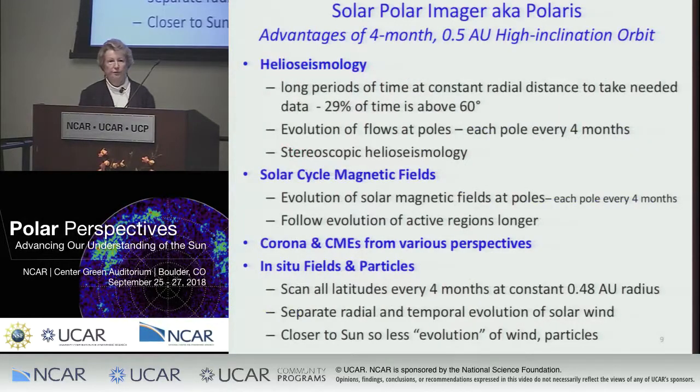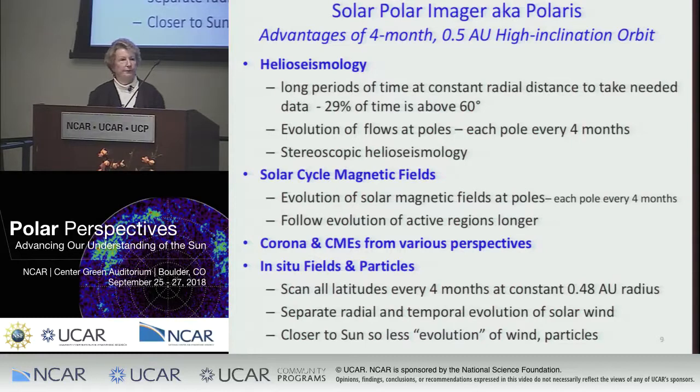So why was this such a popular mission? It's because this orbit is really wonderful for many different kinds of science. For helioseismology, it has very long periods at a constant radius, and 29% of the time in the science orbit is spent above 60 degrees.